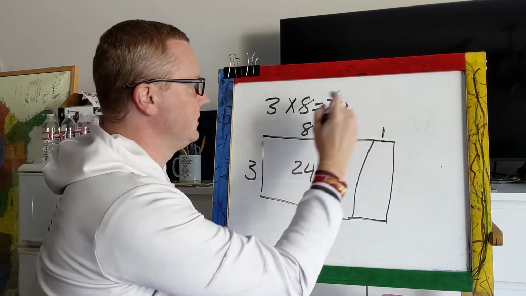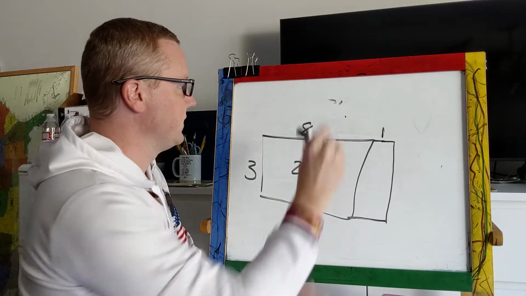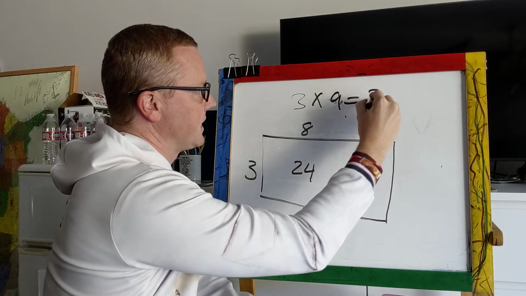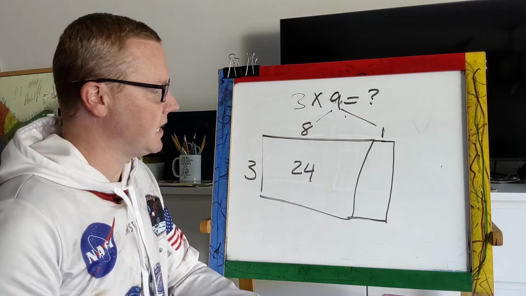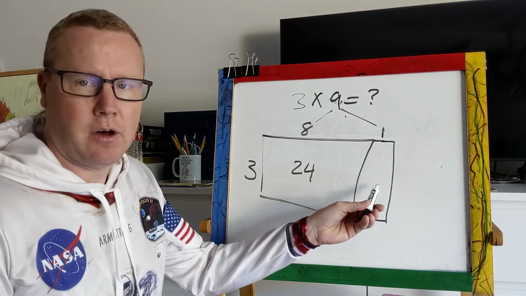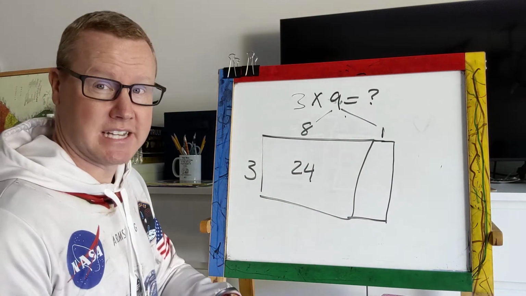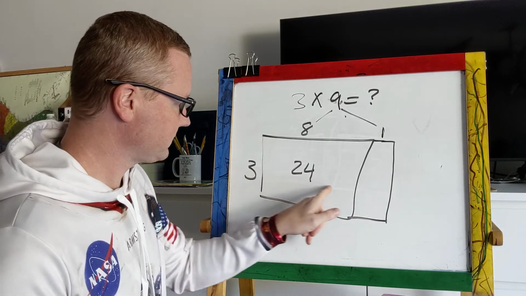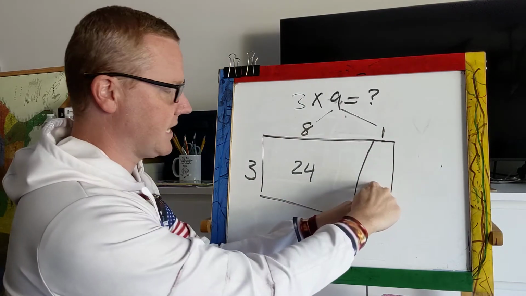Oops, I forgot to erase this. We're trying to find 3 times 9, and what's that equal? So now I have my 8 and my 1, they add up, but I need to find out how many are in this box. And the way I do that is I multiply just like I did here. I take this factor, and I take 1, and I line them up like that.